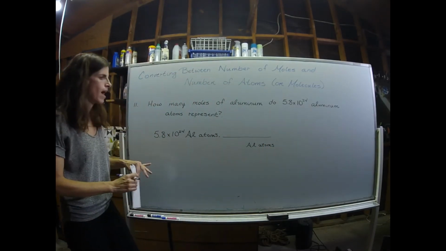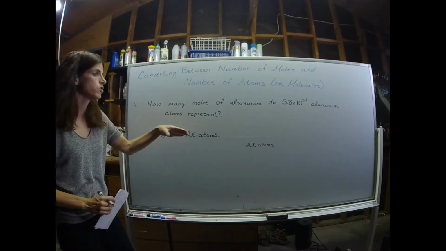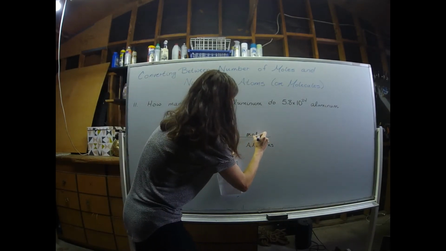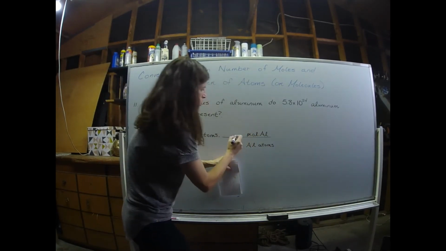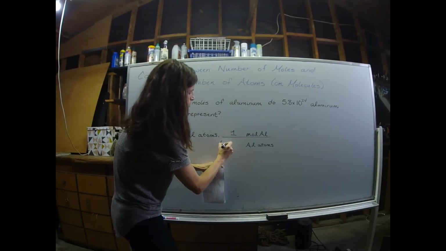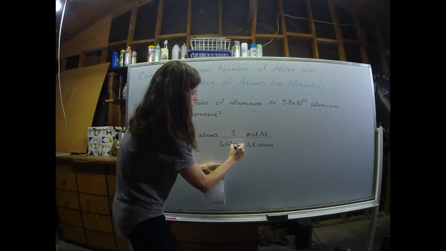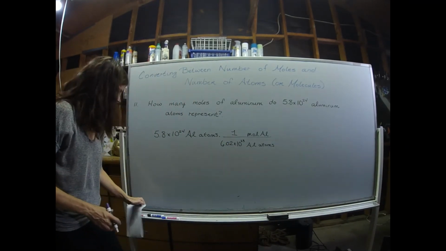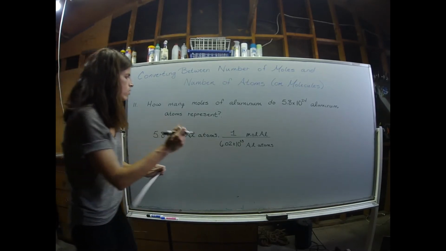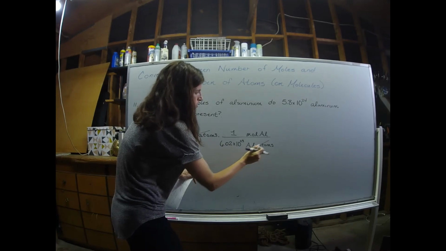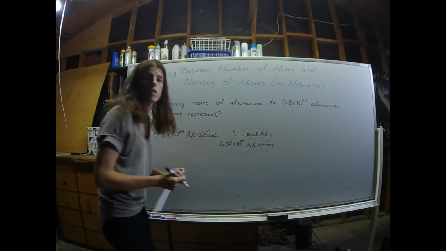And the problem asks us to determine the number of moles of aluminum, so that'll go in the numerator. And 1 mole of aluminum contains 6.02 times 10 to the 23rd aluminum atoms. Aluminum atoms will cancel with aluminum atoms, leaving us with moles of aluminum.